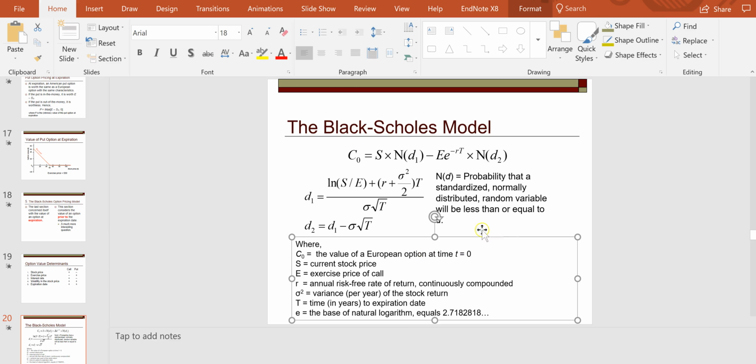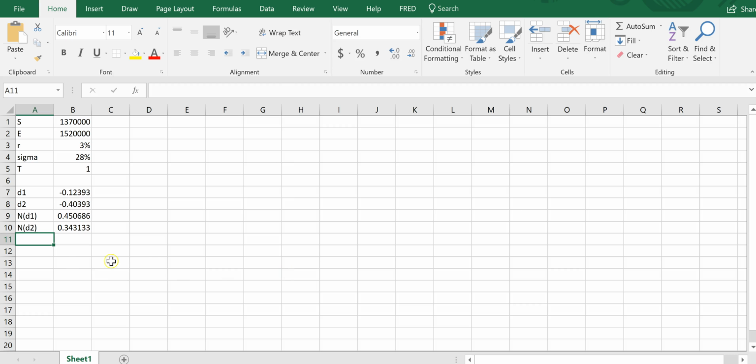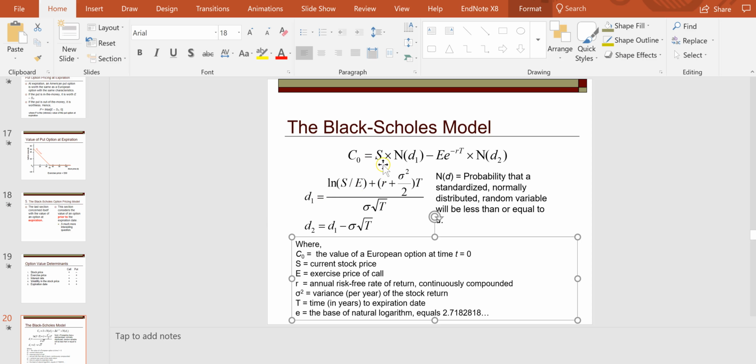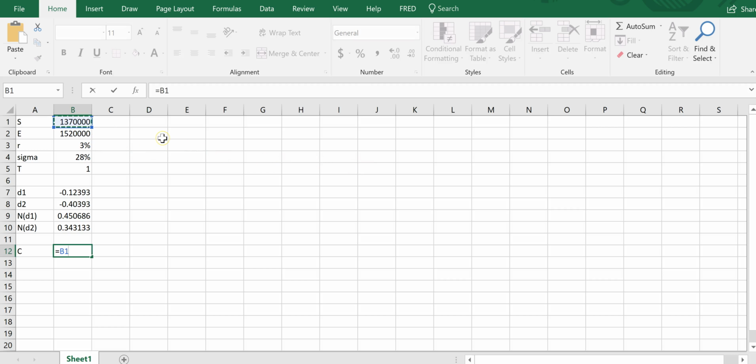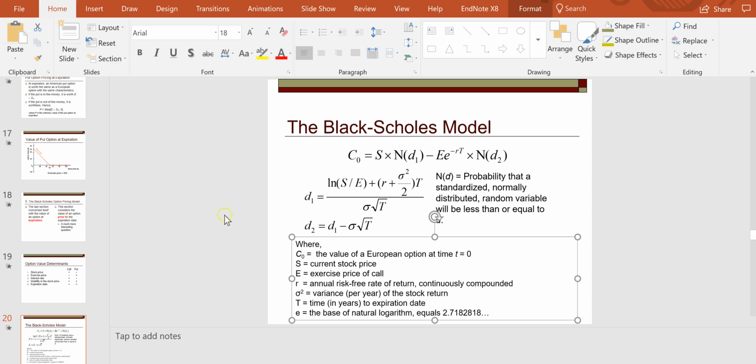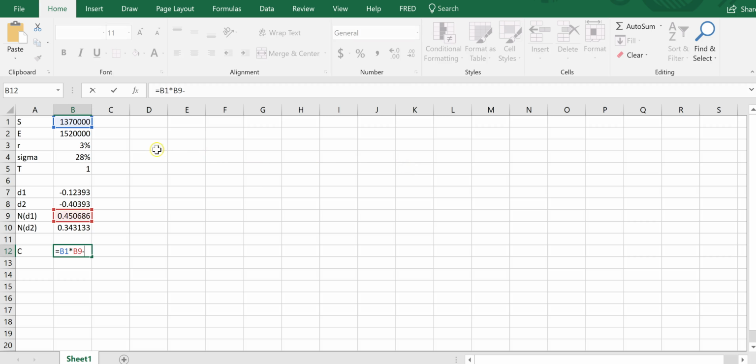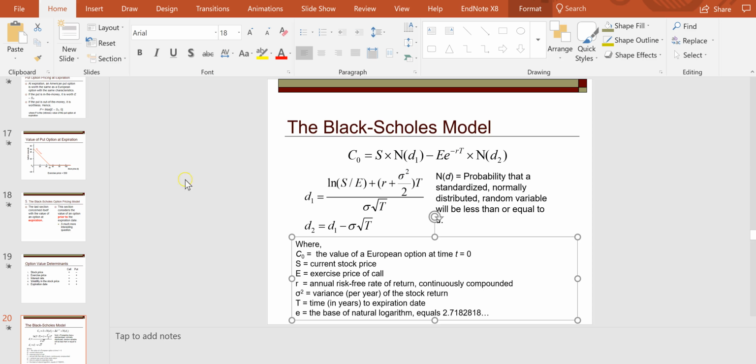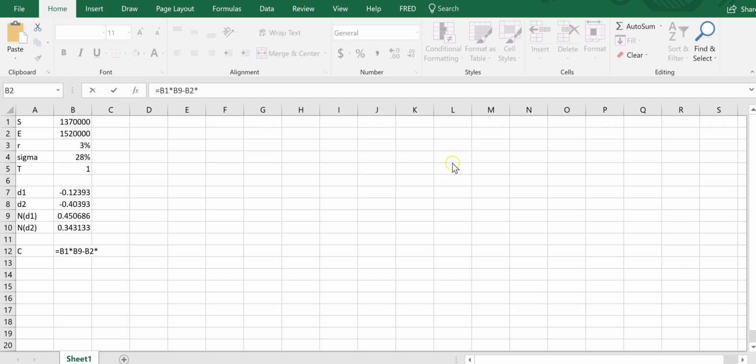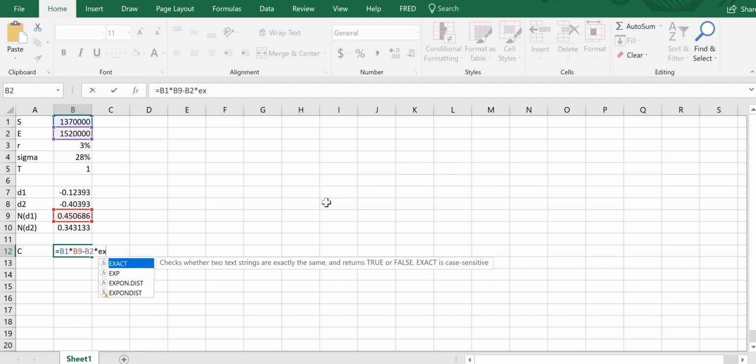So that's ND2. So now I have the ND1, ND2, and then I can plug everything into this formula for C. Right? The full formula, C equals S, the stock price, which is here, times ND1 minus E, the exercise price, times this e, the base of the natural logarithm, and in Excel that function is exp.